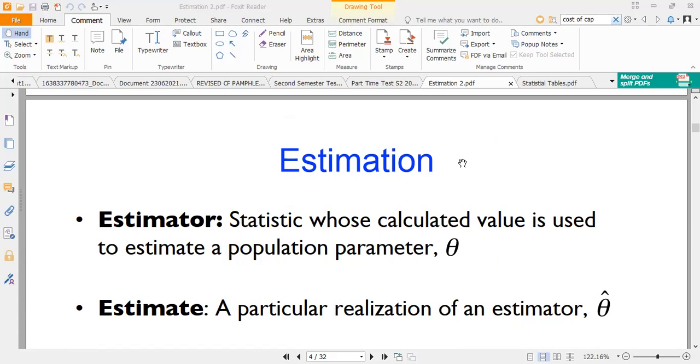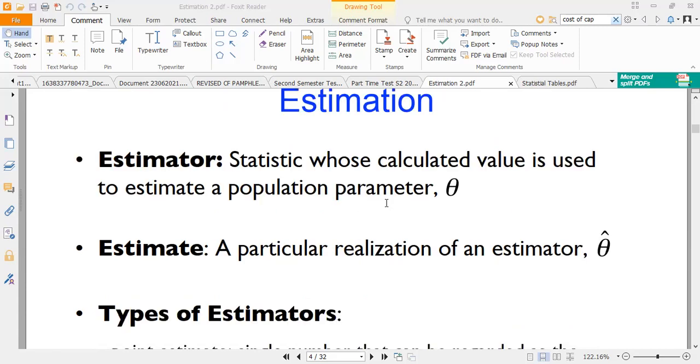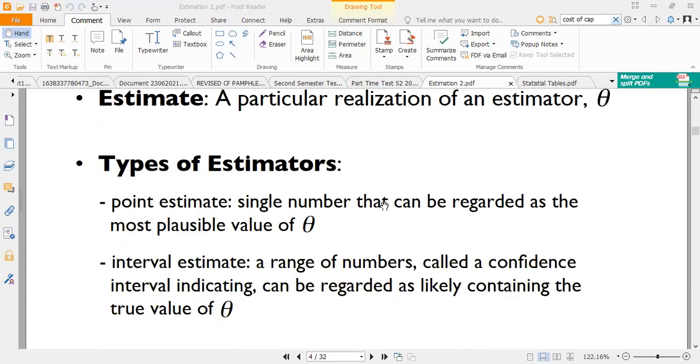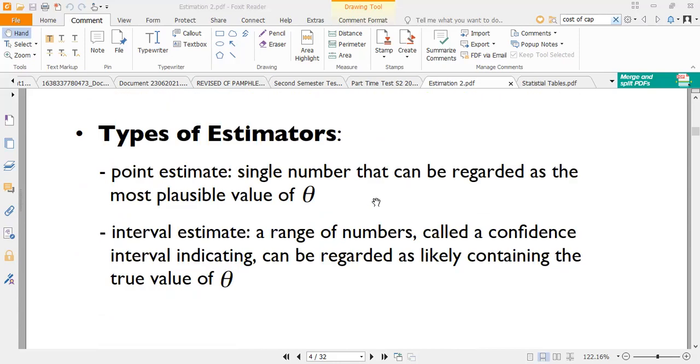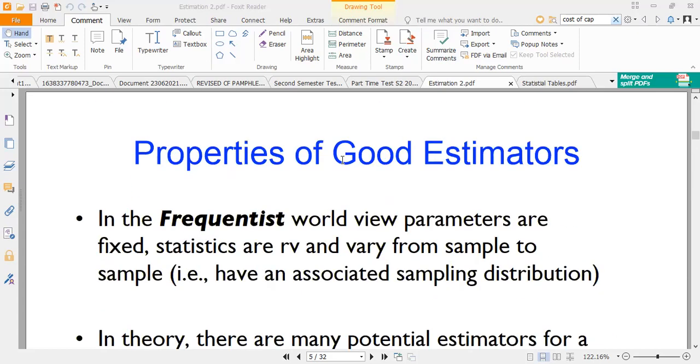An estimator, by definition, is simply a statistic whose calculated value is used to estimate a population parameter. And an estimate is a particular realization of an estimator. So we have what we call a point estimate and an interval estimate. A point estimate is simply a singular number that is calculated, whereas an interval estimate is within a confidence interval.